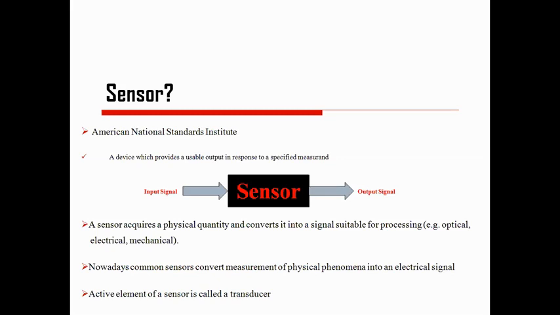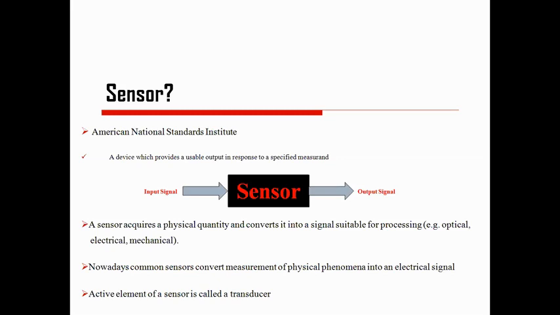But as per the American National Standard, it has been defined as a device that provides a usable output in response to a specified measurand. It means that some input is given to the sensor and you get the output. We will consider the previous example, where we placed one hand on the flame and we try to move that hand away from the flame.